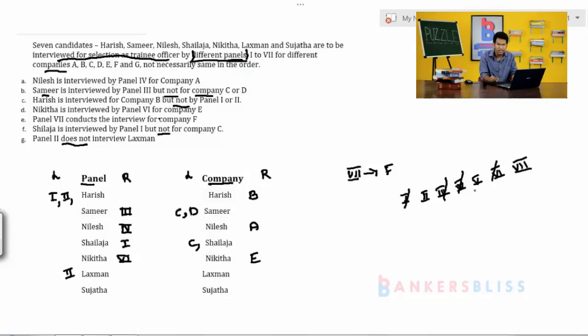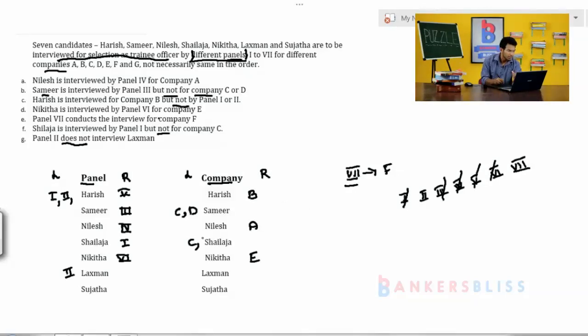We have remaining to fix fifth or seventh. But look here. Seventh is evaluated by company F. But Harish is evaluated by company B. It means Harish does not come for seventh. Harish definitely comes for the fifth.